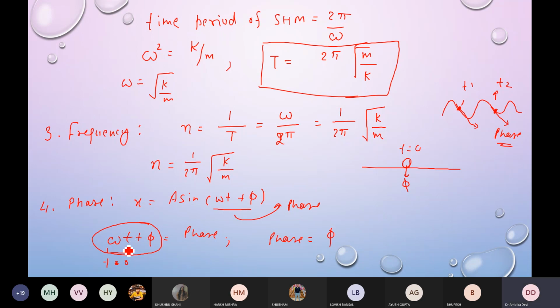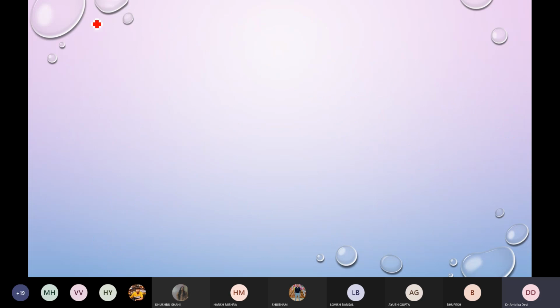Okay, after that, come to the next one, which is velocity. So the fifth one is velocity.